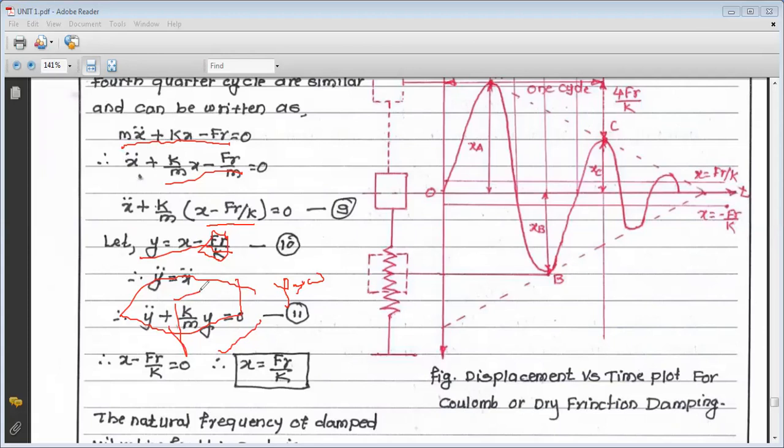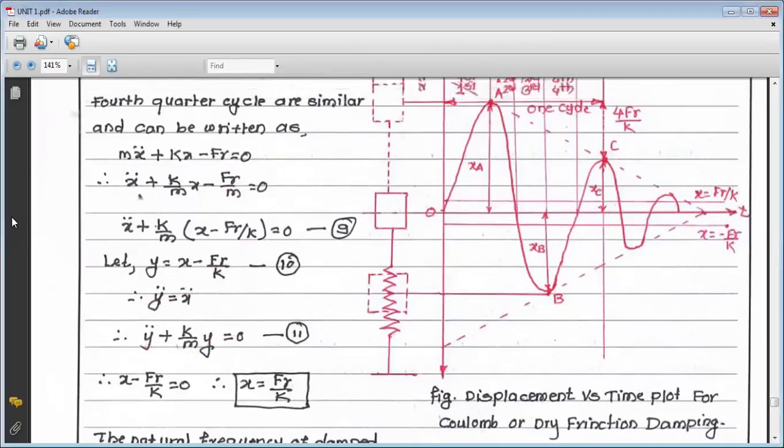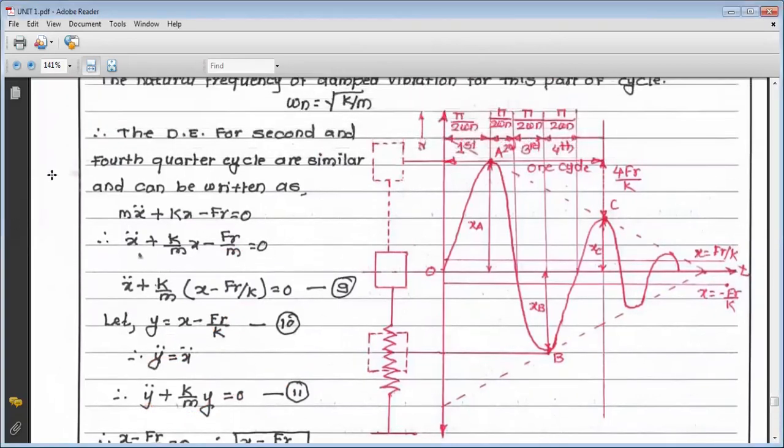So if we draw a cycle for dry friction damping, it will look like this. That is the displacement versus time curve, or response of the system, in case of dry friction damping. In one cycle there are 4 quadrants. So this is from point A to this, and this is one cycle complete.